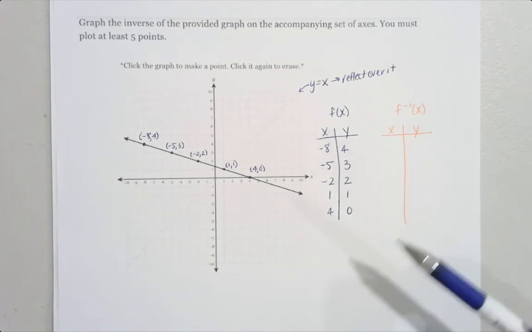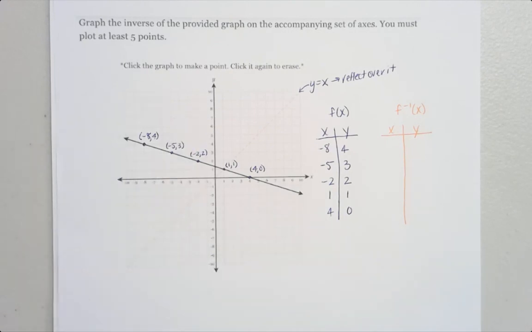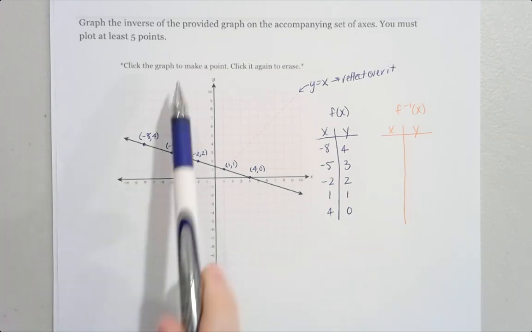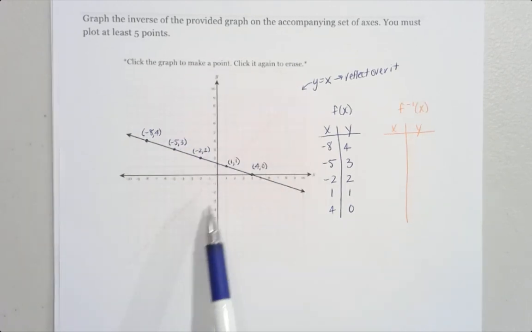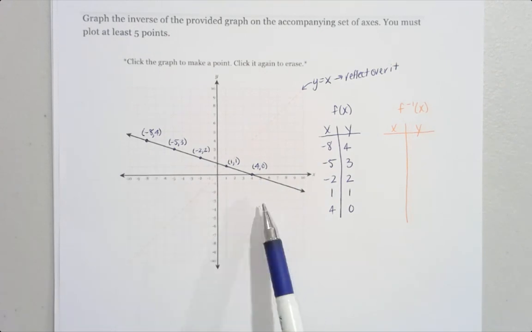So the first set of problems that you are going to be asked about are graphing inverses. And the cool thing about Delta Math, not Desmos, I'm thinking of our graphing calculators, is that when it gives you this graph, it says click the graph to make a point and click it again to erase it. Meaning if you click on any one of these places where the grid lines match up, it will plot a point for you.